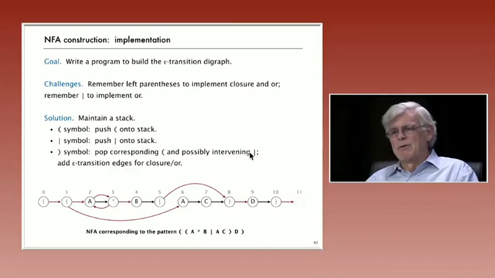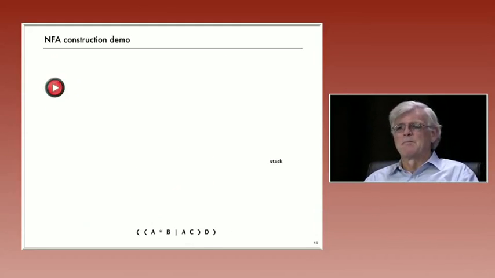And that gives us all the information that we need to add the epsilon transition edges. And so the stack takes care of the nesting of the parentheses. And when you think about it, this is a very natural mechanism to use, very similar to the early programs that we wrote using Dijkstra's algorithm for arithmetic expressions.